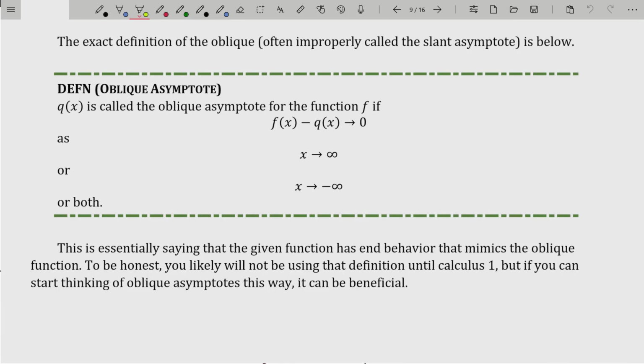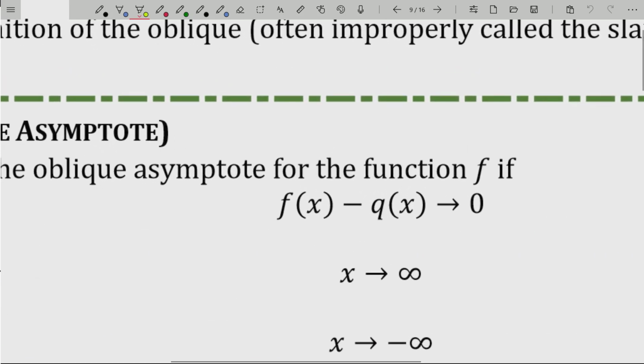Q of x, which in our last example was x plus 5, is called the oblique asymptote for the function f if the difference between your function and that q of x becomes 0 as x goes to either plus or minus infinity, or possibly both. Again, you're not going to use this. This is just the actual definition. You can kind of ignore this until you get to calculus.